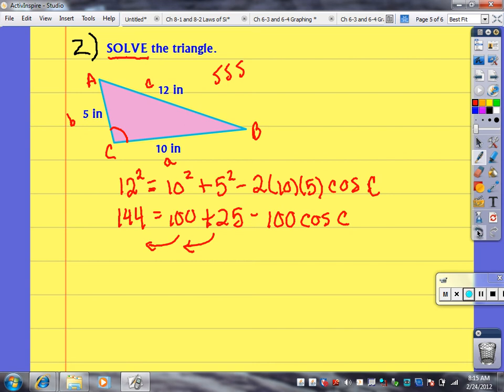Okay, so once I do that, we should get 19, I believe it is. So we get 19 equals negative 100 cosine of C. Now we can divide. So we have 19 divided by negative 100 equals cosine of C.